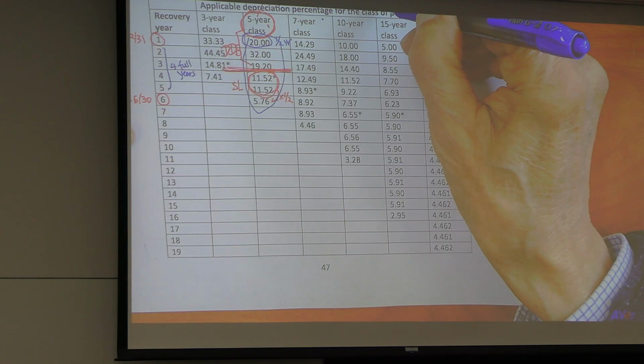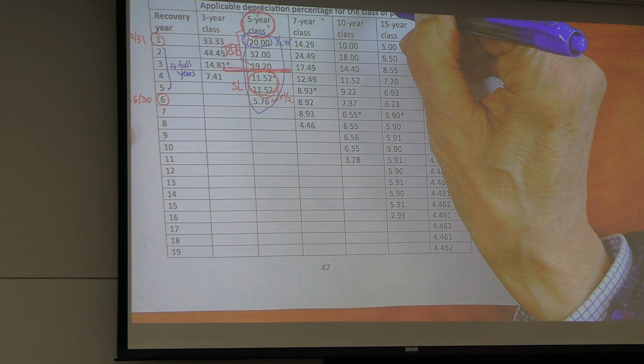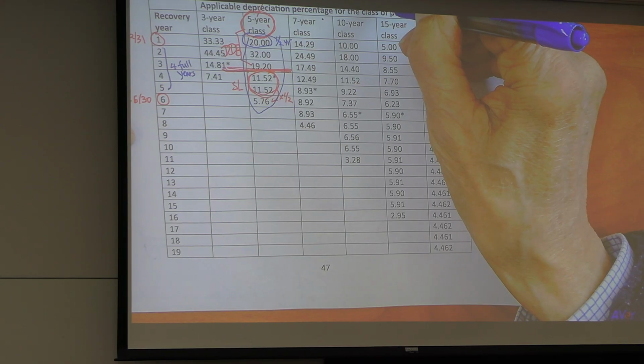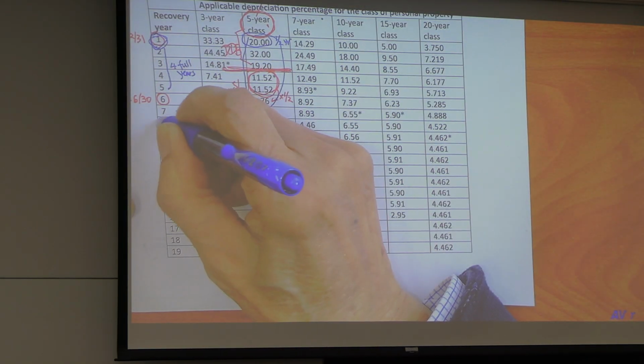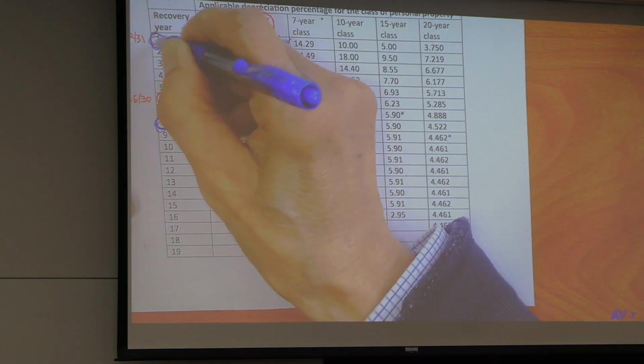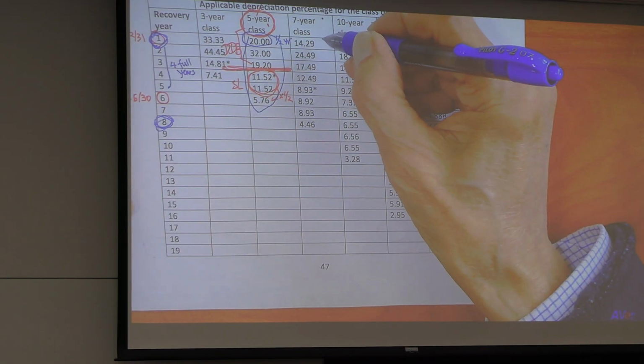Mid-year convention means you depreciate the declining value of the property 1 year longer. 1 to 8.